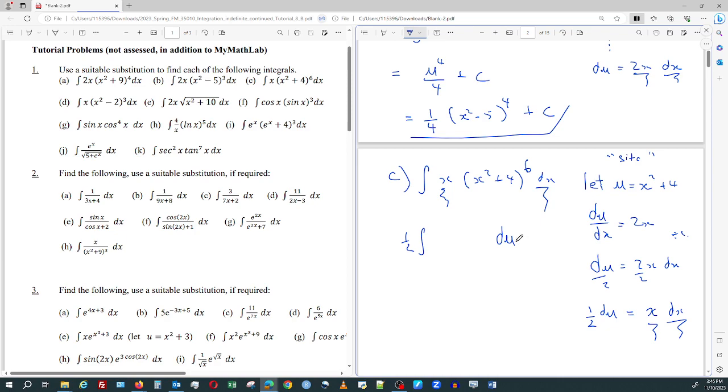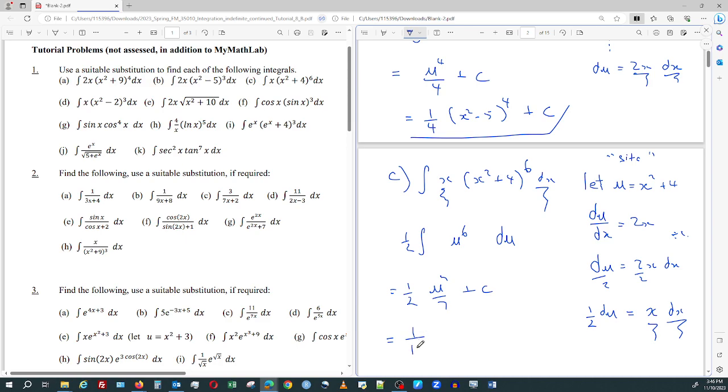The trivial one now can be done. The trivial integral is just u^6. Easy peasy. So this means we get 1/2 u^7 over 7 plus c, 2 7s are 14.